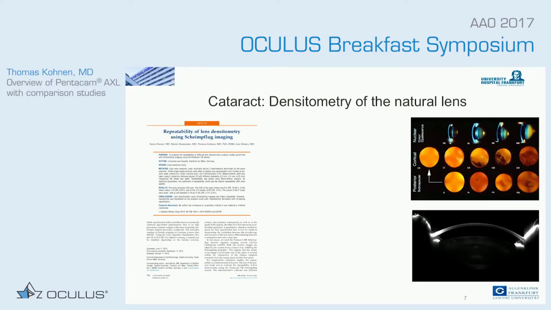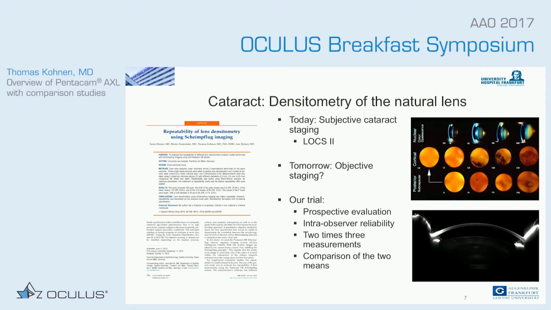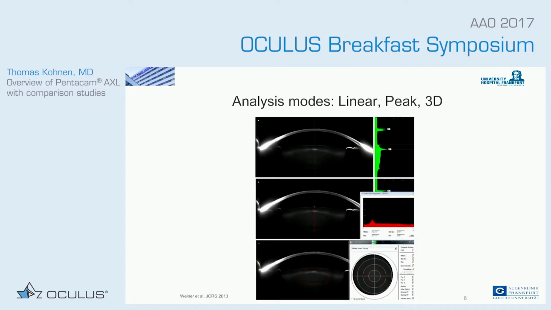Now, we have done a couple of studies, very quickly. Densitometry of the natural lens was published in the Journal of Cataract and Refractive Surgery. You see this on the right side. In the old days, we had subjective cataract staging. We have objective staging now. We did a prospective trial evaluating intraoperative reliability. We looked at the analysis models of the anterior segment.